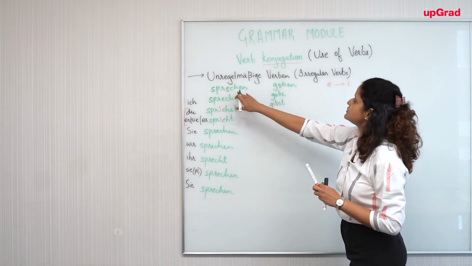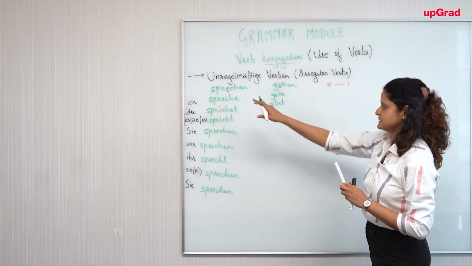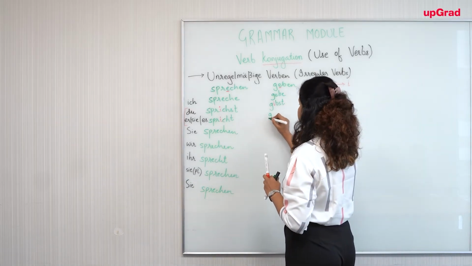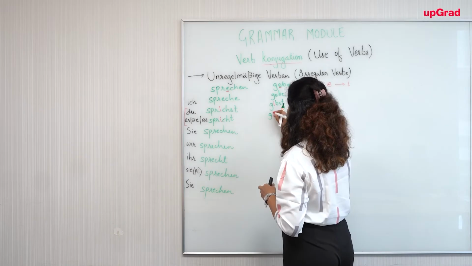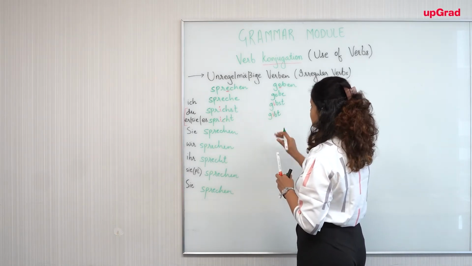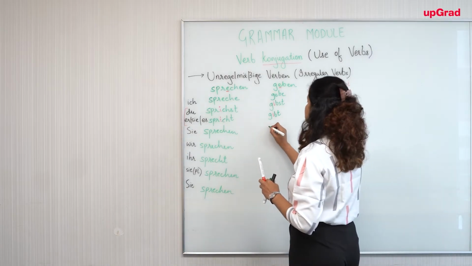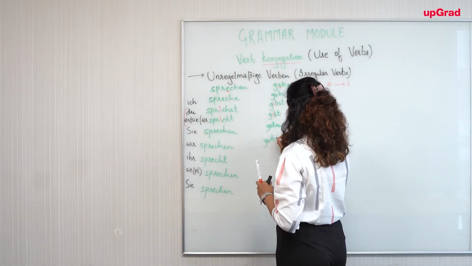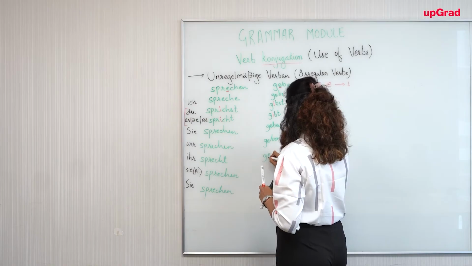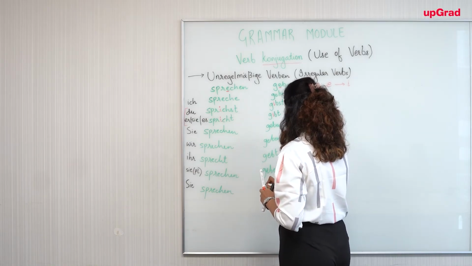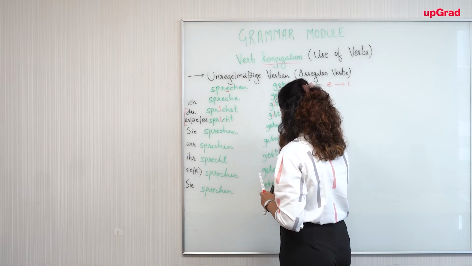It just needs to change to I wherever it is placed. So du conjugation becomes gibst. Er/sie/es becomes gibt. The rest of the conjugation, there is no change. So Sie geben, wir geben, ihr gebt, sie geben.